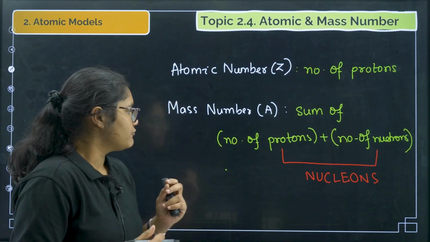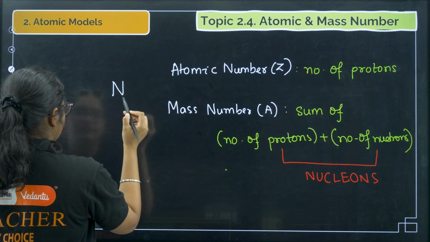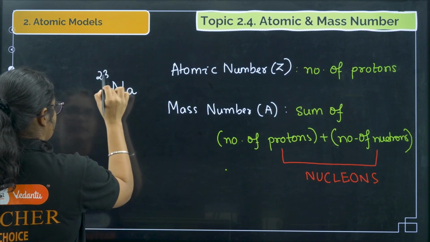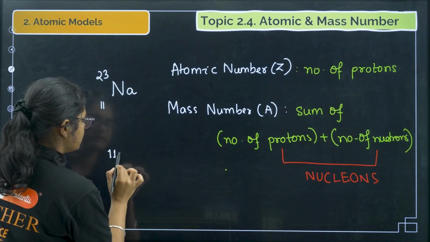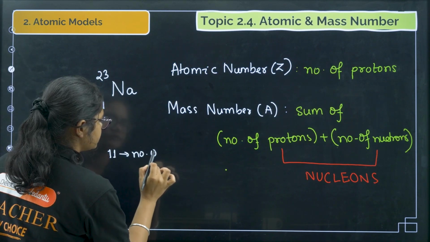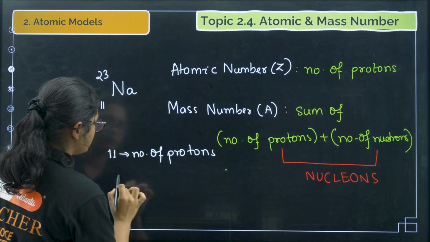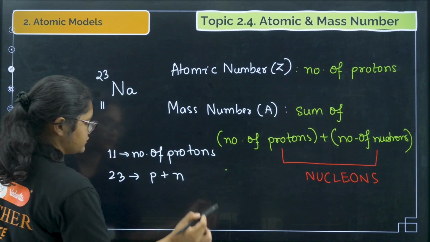Okay, so now for example, I use sodium, 11 and 23. Okay, so now what does this 11 represent? 11 is the number of protons. Okay, and 23 is the number of protons plus neutrons.